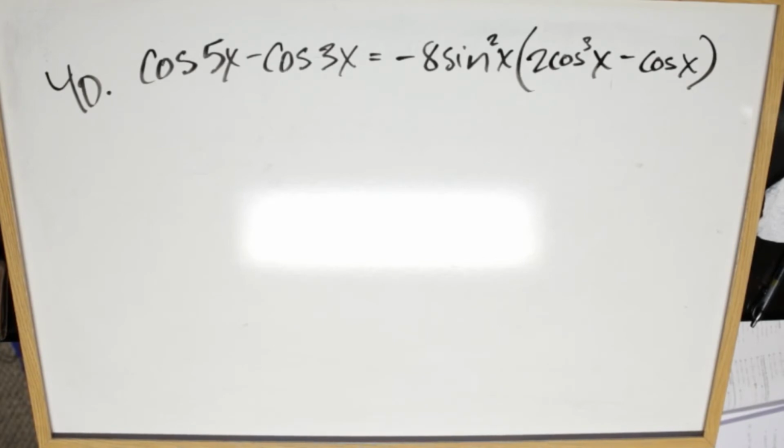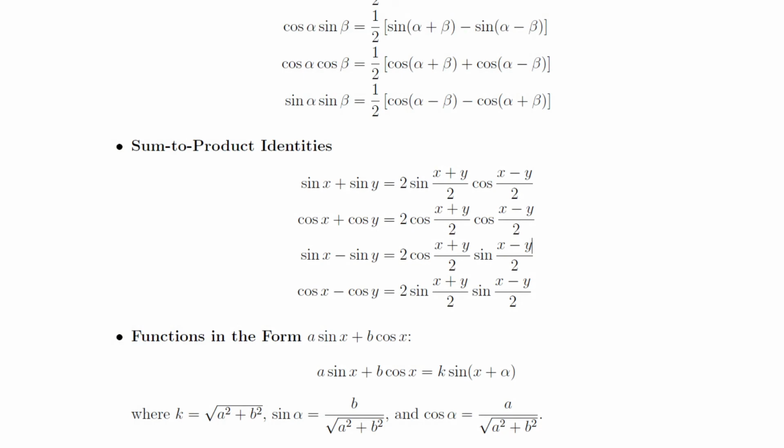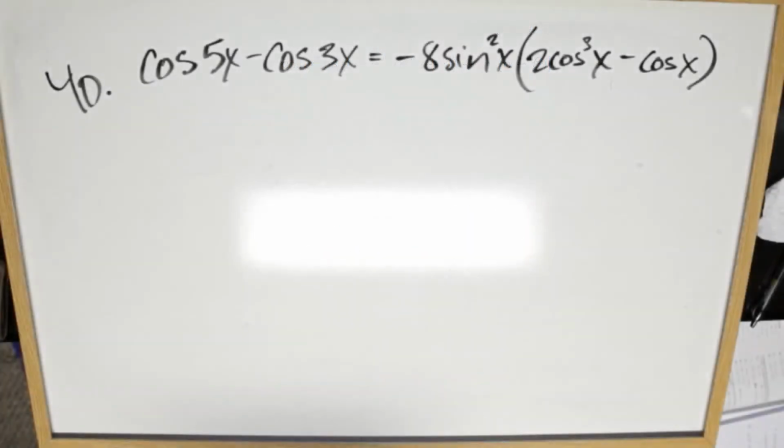All right, let's do the difference to product, because those are pretty good to find. And of course, the one that you need is the one that I screwed up. Again, I'm going to fix that in the notes, so by the time you open this up, it should be correct.